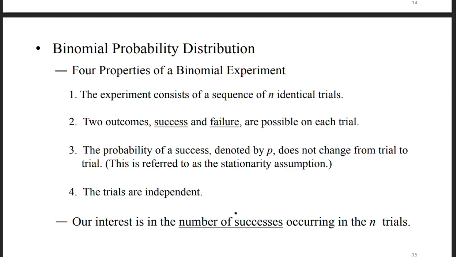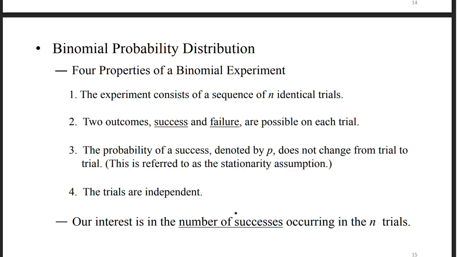And so let's say we perform an experiment, and the experiment consists of a sequence of n identical trials. If the random variable of interest only has two outcomes, that presents a binomial distribution.